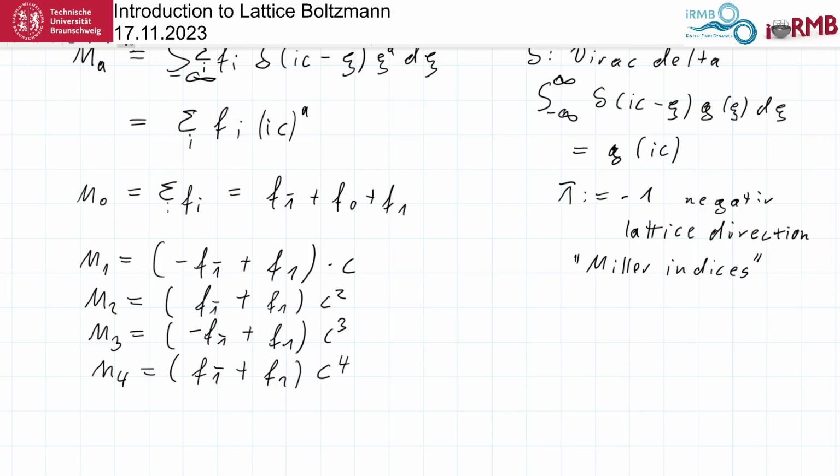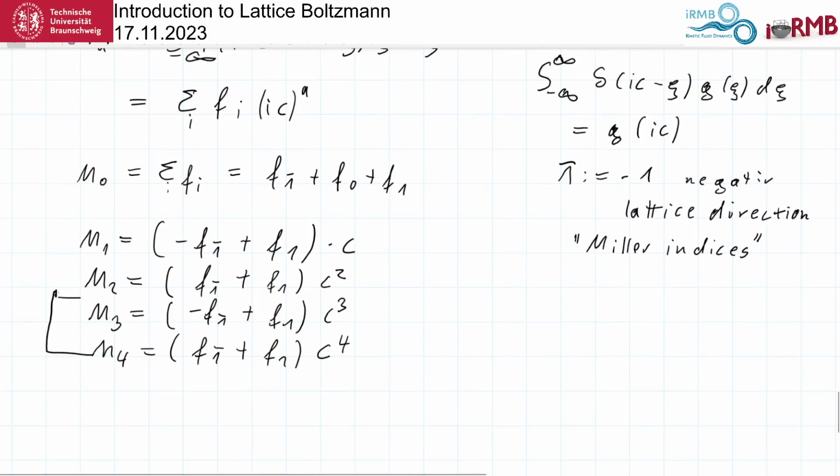What we now observe is we do not get any more information out of this after this one here, right? Because this one is equal to that one, and that one is equal to that one. Why is this so? Well, if we count, there's 1, there's 2, there's 3.